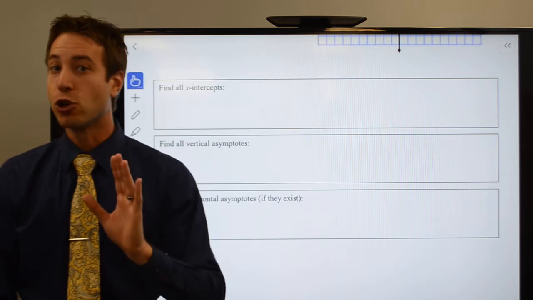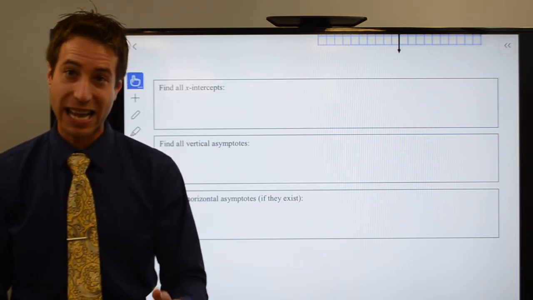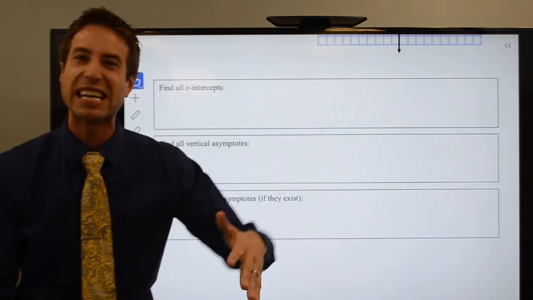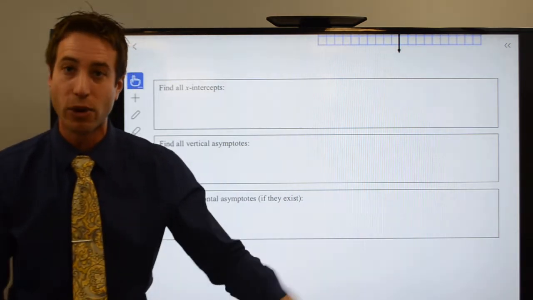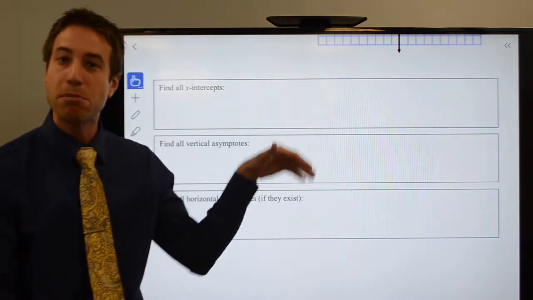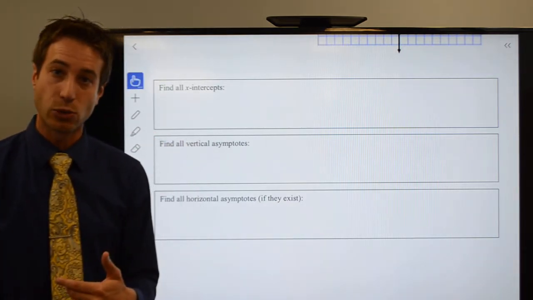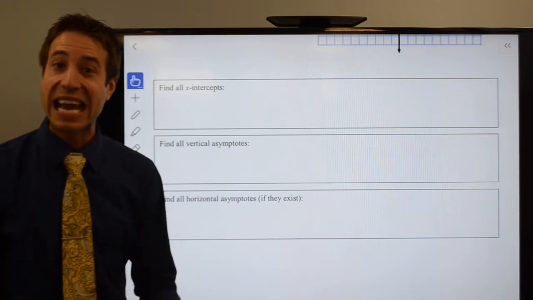I am grading your work, not necessarily your final answer, right? And partial credit is available. You could do absolutely everything right, forget a sign somewhere, wind up with a slightly wrong answer, and you're not going to miss all of the points. You only miss a few of the points because you did most of the work right. But what this means is, if you're taking this class with me, you've got to do all of this work anyway.